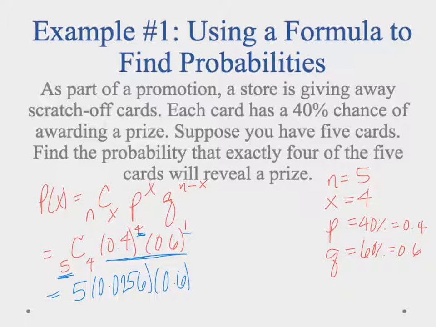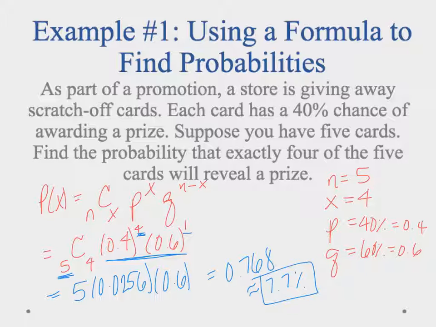So anyways, if I multiply that times 5 and times 0.6, my final answer is 0.768, or about a 7.7% chance that you will reveal exactly 4 of the 5 prizes.